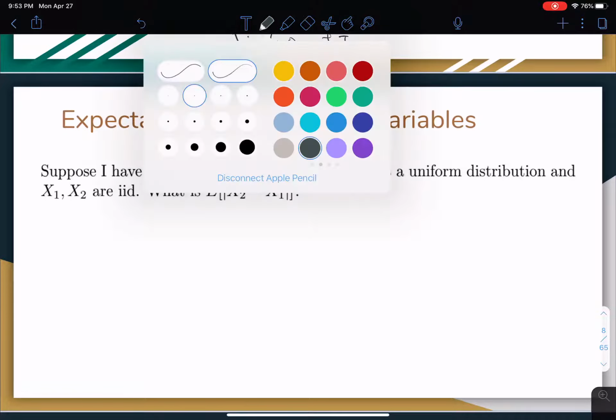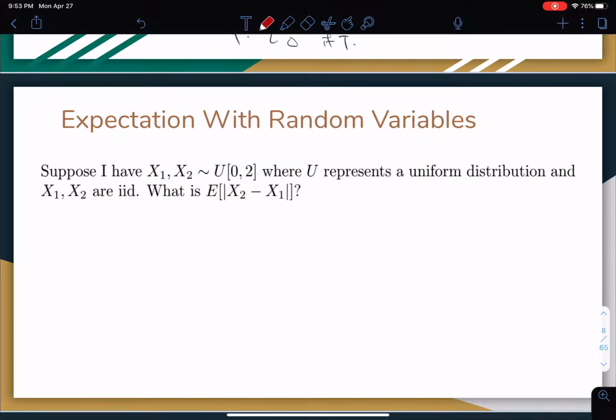So let's read through this question. Suppose I have x1 and x2 distributed uniform 0, 2, where U represents a uniform distribution, and x1 and x2 are chosen IID. What is the expectation of |x2 - x1|, the distance of x2 and x1? So let's clarify a couple terms here.